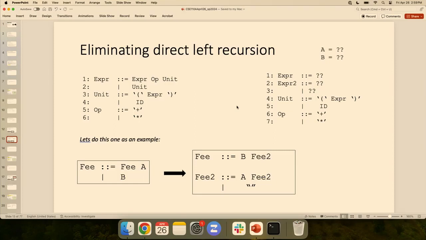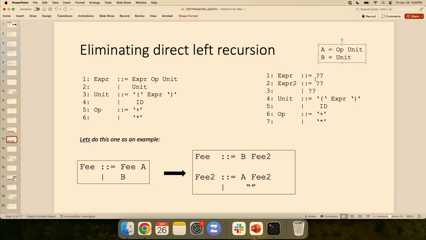When we change it to a non-left recursive grammar, what we have to do is figure out what a and b are. Well, in our recipe, phi is followed by a. So a is op unit. B is what comes after. So B is just unit.